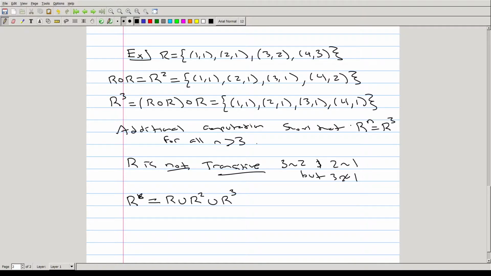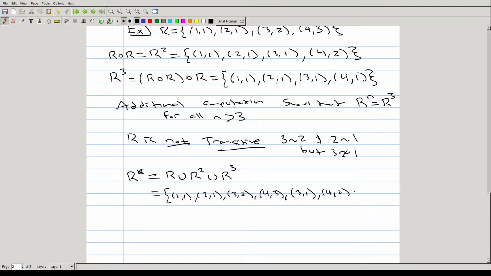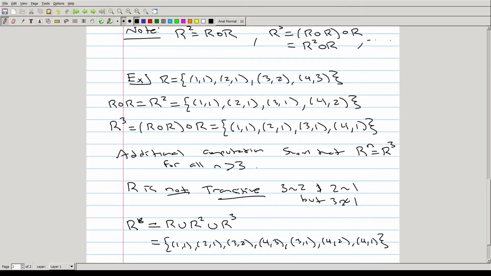Because every power after R cubed is the same, the union of the powers of R gives us this new set, which is (1,1), (2,1), (3,2), (4,3), (3,1), (4,2), and then lastly (4,1). This is the union of these three sets.